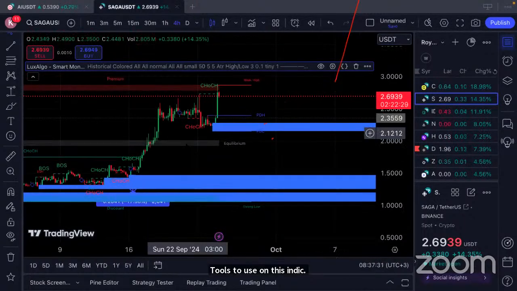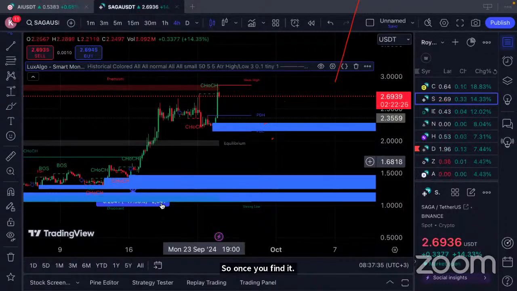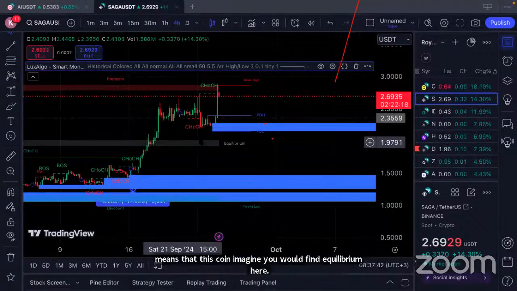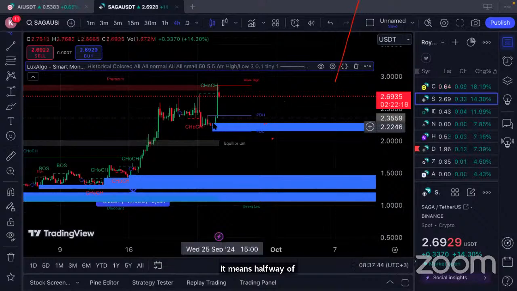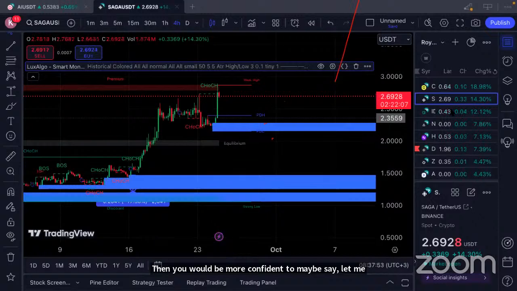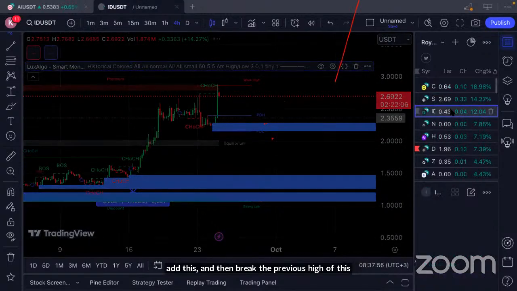Once you find a coin at equilibrium, imagine you would find equilibrium here. It means halfway of this coin, and then you find an order block. Then you would be more confident to say, let me enter at this and then break the previous high of this particular coin I'm trying to trade.